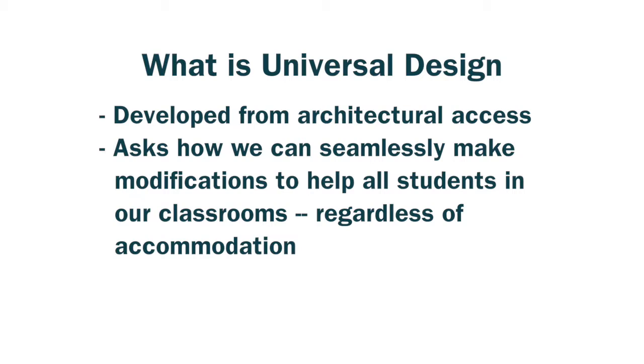That concept's been borrowed and applied to the classroom setting so that we can think about how to seamlessly make modifications in our environment, in our teaching strategies, and help all of the learners in our classroom in ways that don't require specific accommodations.